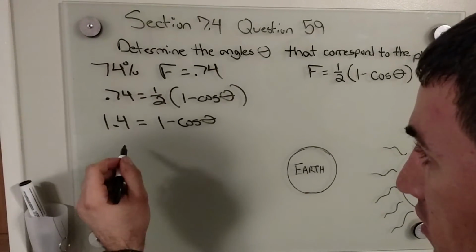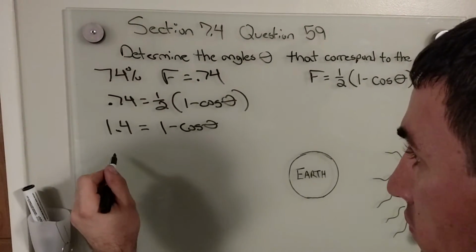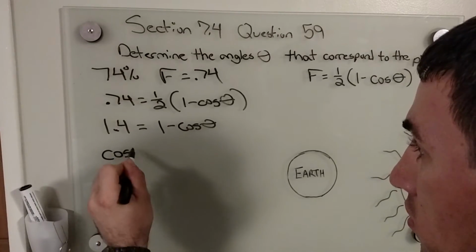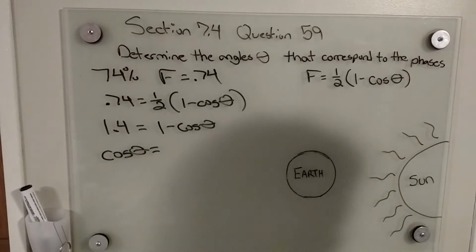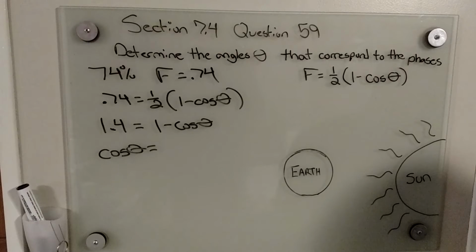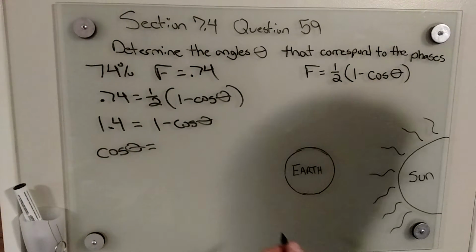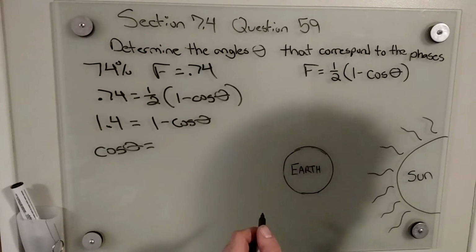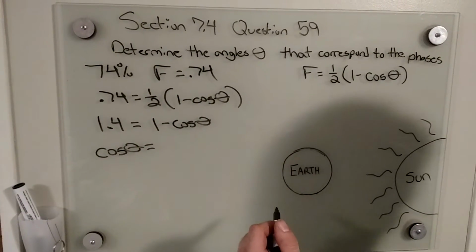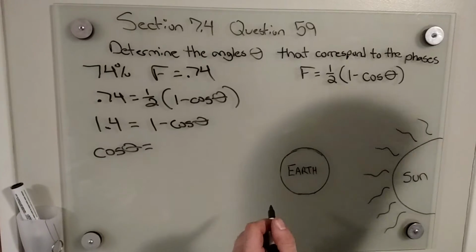Add cosine theta to the other side, subtract 1.48. You end up with cosine theta is equal to, what was it, give me a second, I lost my place.